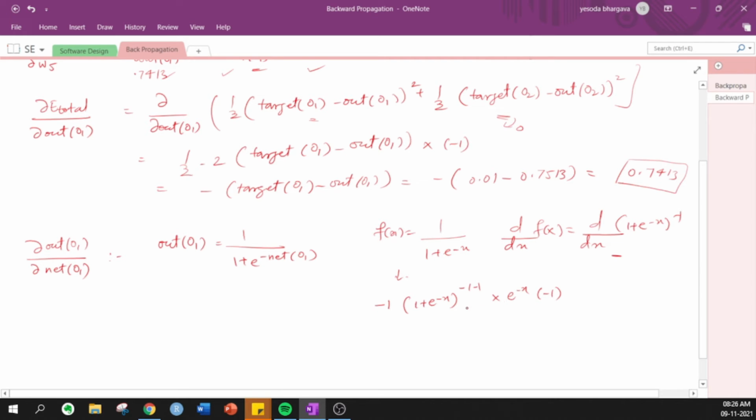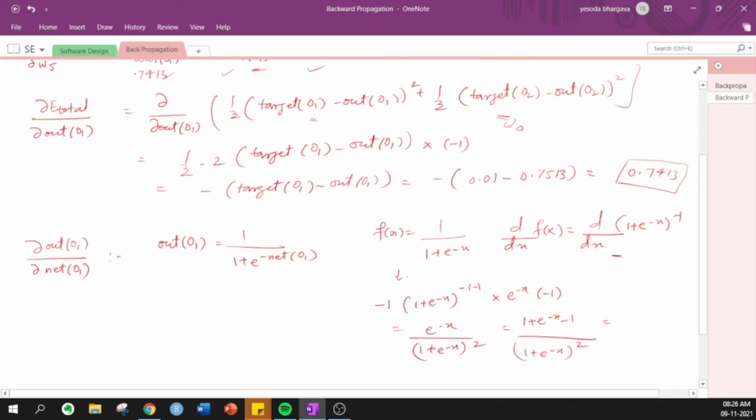You may want to visit your fundamentals on derivatives to understand how this works. So this will be e raised to minus x upon 1 plus e raised to minus x whole square. Let me play with this a little bit. I add and subtract 1 in the numerator. So this is how it becomes.